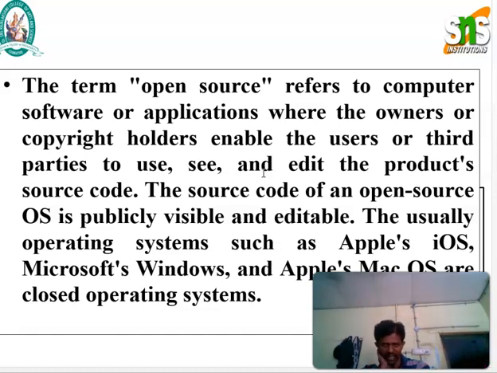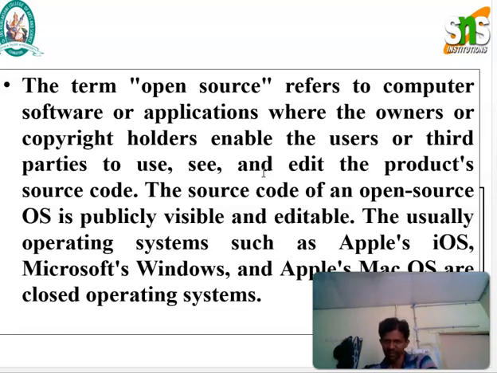So here in open source, we have the option of using the software or applications where the owners hold the copyright but enable users or third parties to use it, to see it and to edit the product source code. So we can use the source code, we can see the source code, and also we have the option of editing the product source code, right?